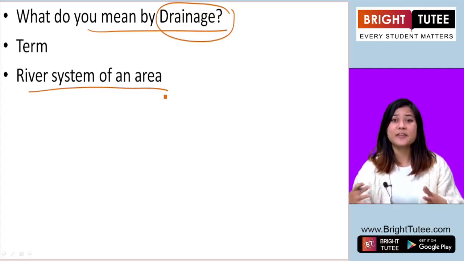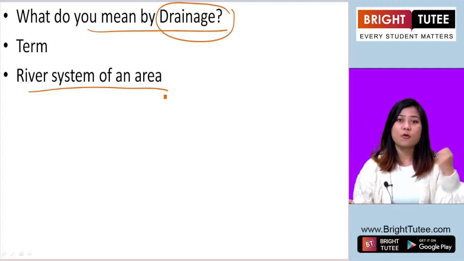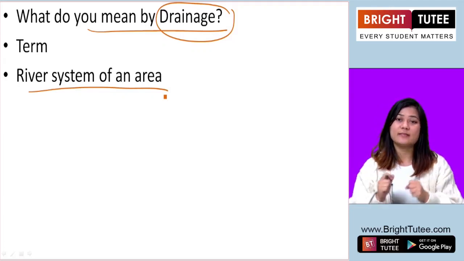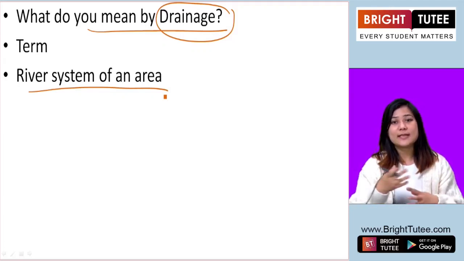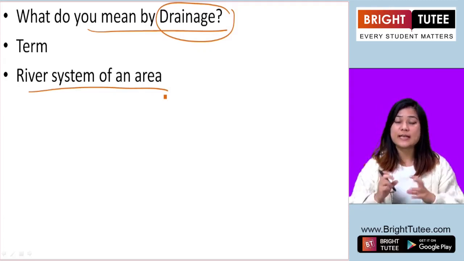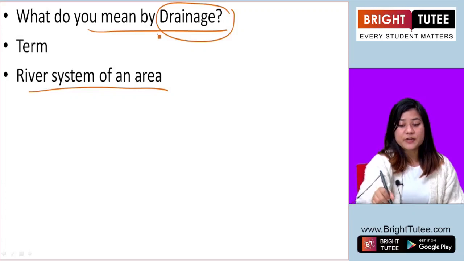Now that entire system, from where it originates to where it drains, the area that the river covers and how it covers that area, is called drainage.